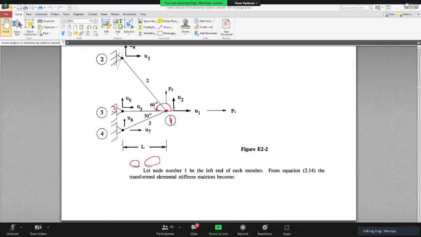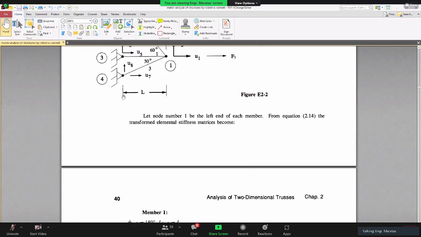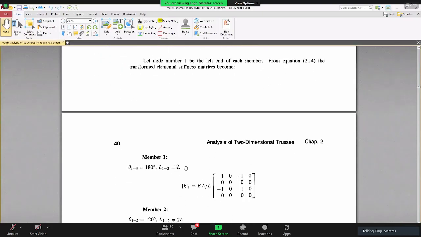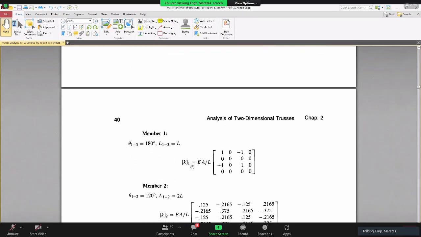Example: since we consider this as node 1, our member 1 is from 1 to 3. This is our member 1. Our angle here is 180 degrees. The length from 1 to 3 is L. By the way, for this problem there are no values yet for the length, E, and A. E is the modulus of elasticity and A is the cross-sectional area of the member.